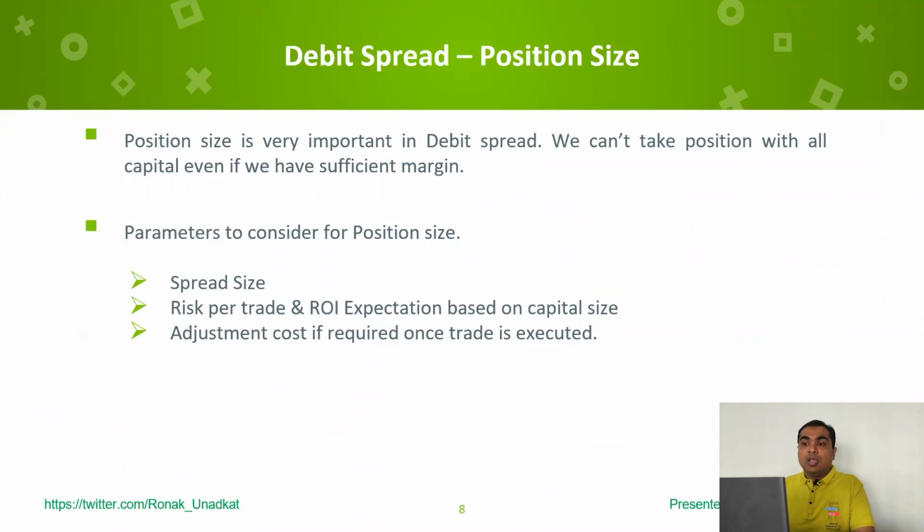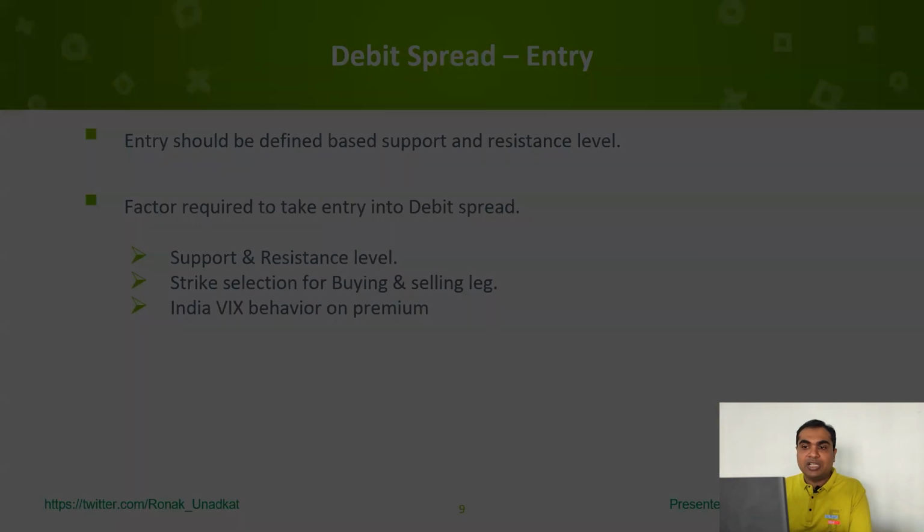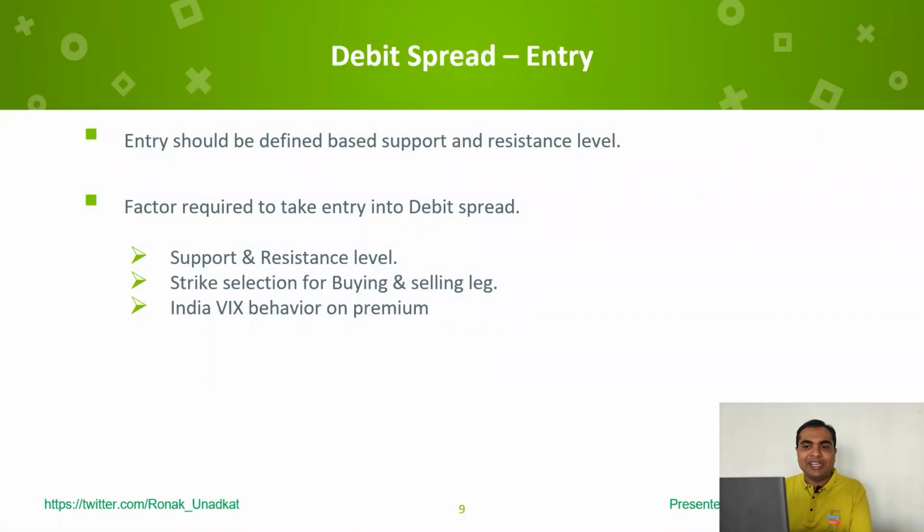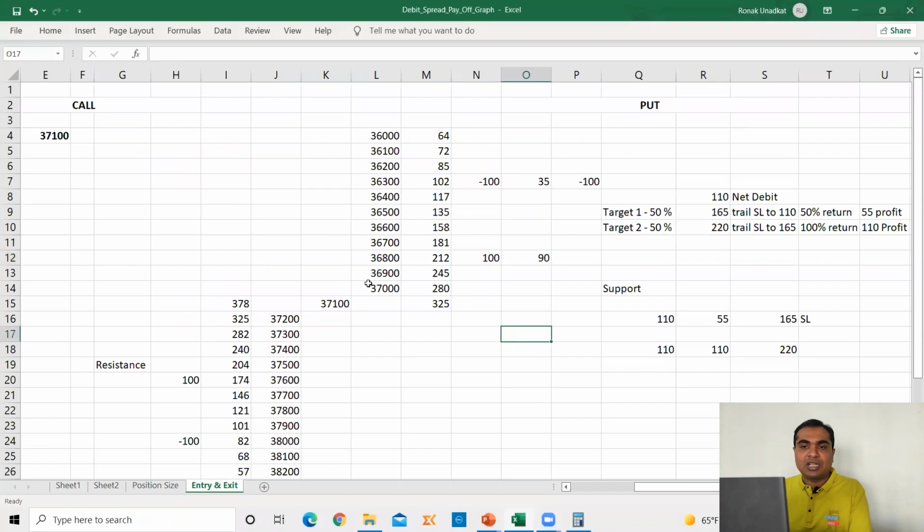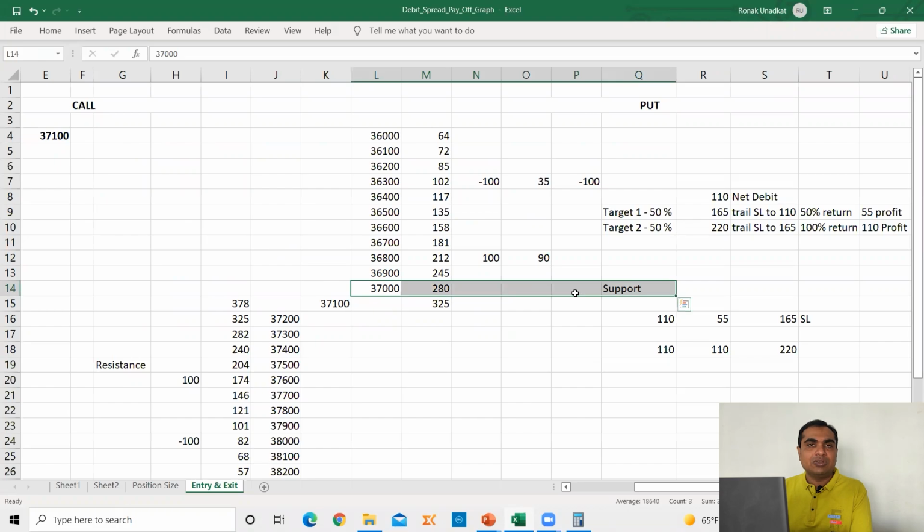Now, second thing, when to enter into the debit spread. What are the parameters we need to consider? As and when you are taking an entry into the debit spread, you have to identify the support and resistance of your trade, the strike selections, and India VIX behavior. So support and resistance: currently the spot price is 37,100 and 37,000 is my support.